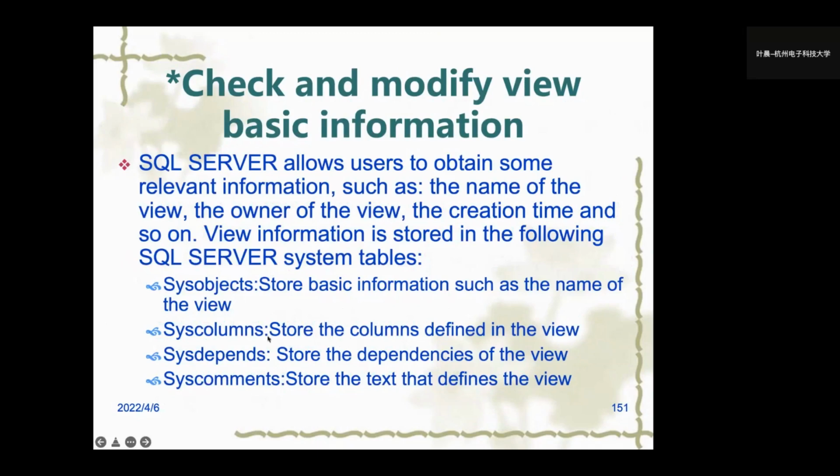The system depends table stores the dependencies of the view, and the system comments table stores the text that defines the view. So can you find this kind of information in your SQL Server, and can you see the view information stored in these three places?